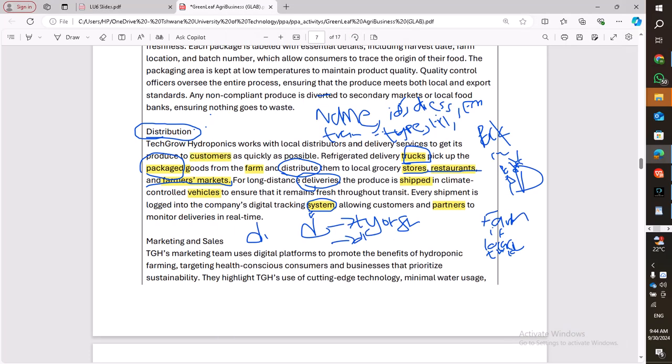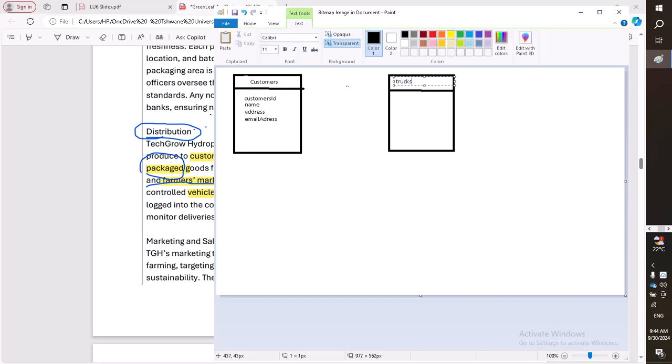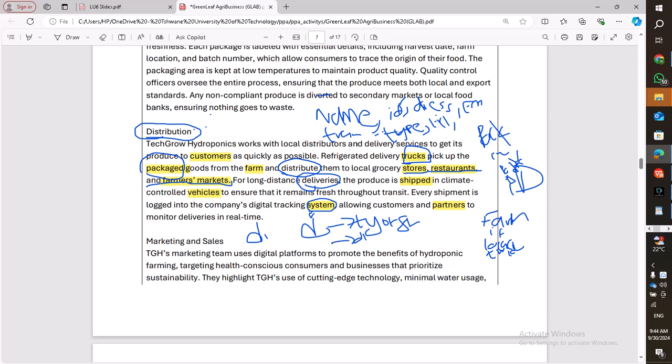The truck. We have the truck. As I said here, the type of the truck, and also the truck ID, and what else? The size of the truck is very important to know.